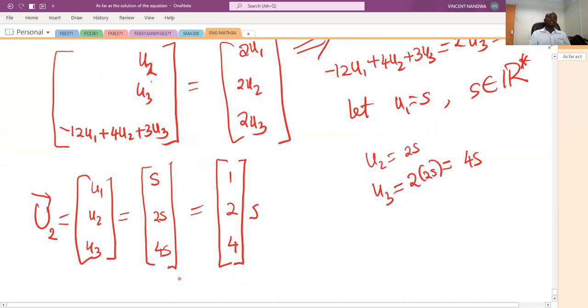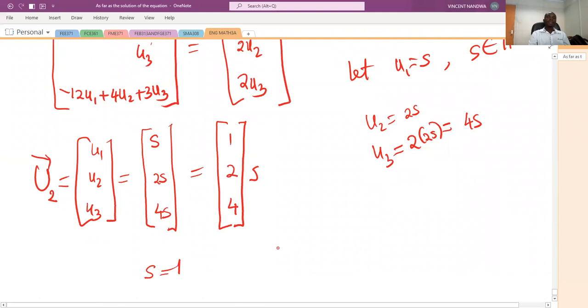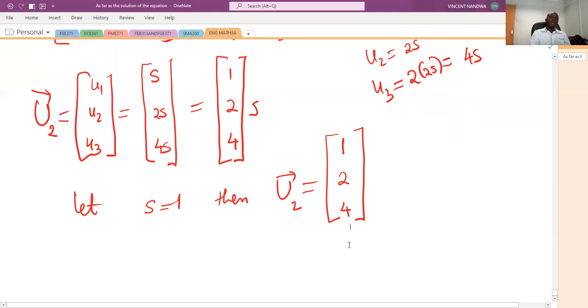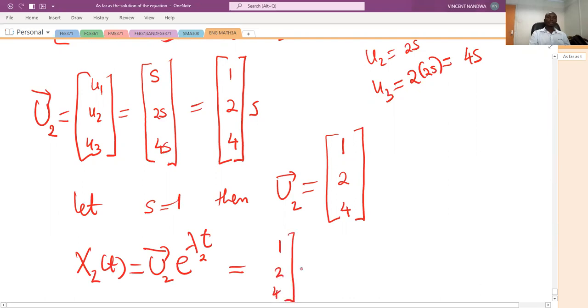And for simplicity, letting s to be 1, u2 will be 1, 2, 4. So which means x2 solution will be u2 by definition e raised power lambda 2 t, which will be 1, 2, 4, e raised power 2t. So call this one double star.